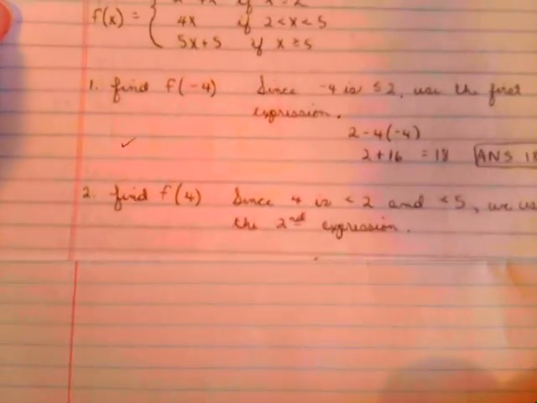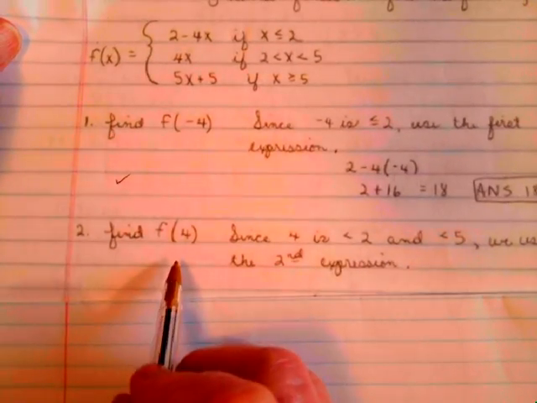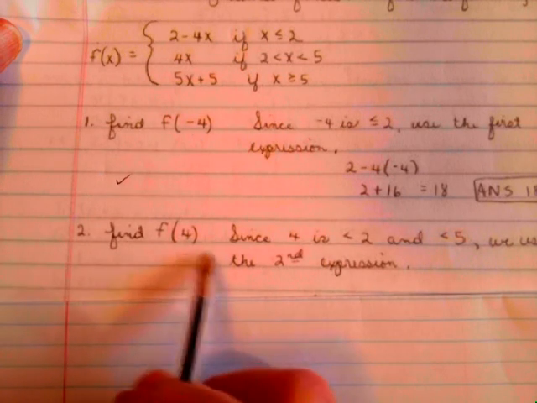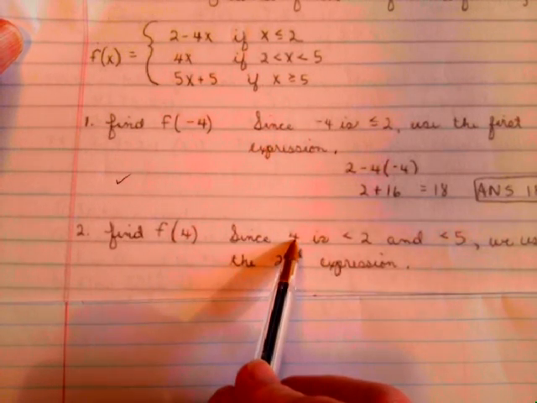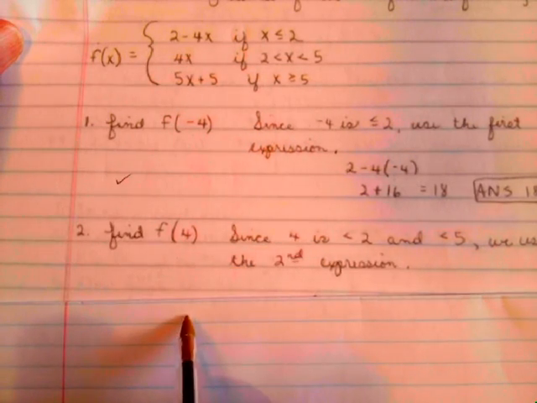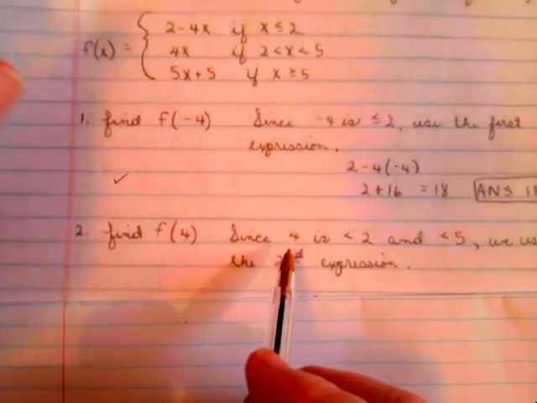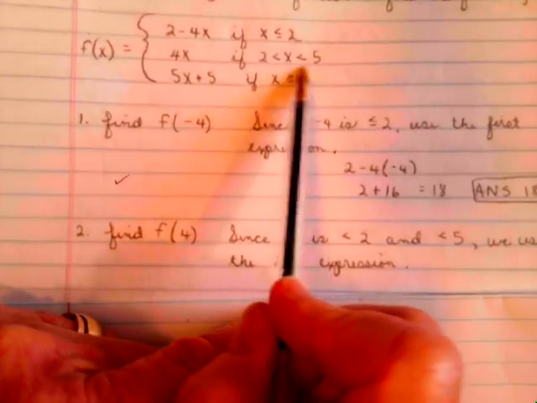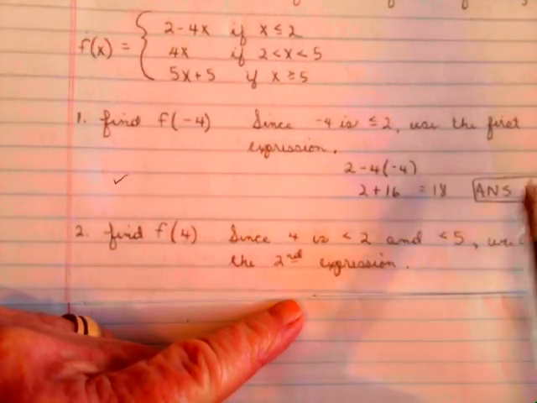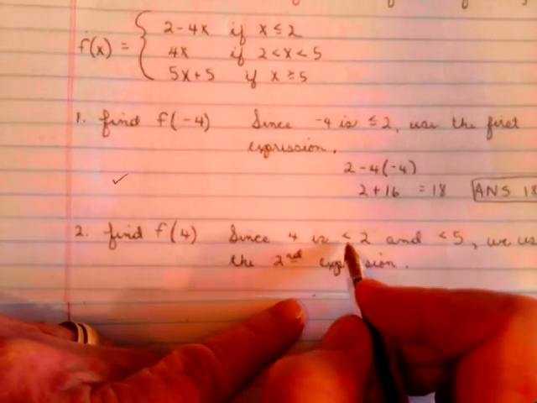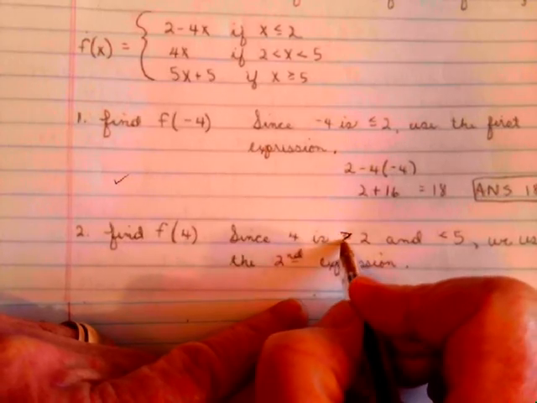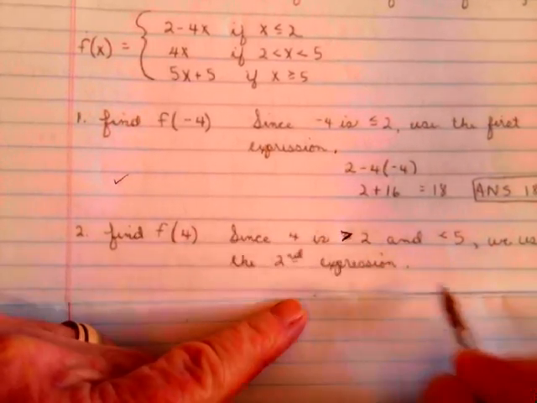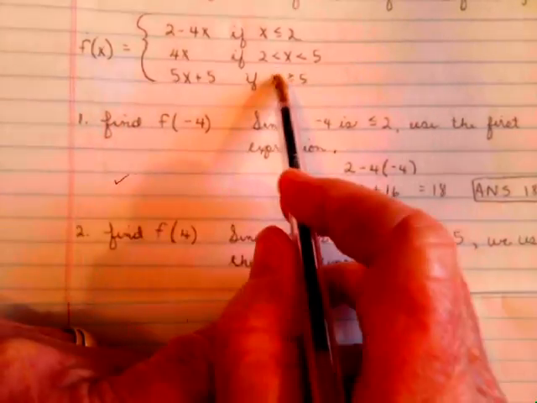Using that same function, find f of 4. Since 4 is between 2 and 5, 4 is greater than 2 and less than 5, we will use the second expression.